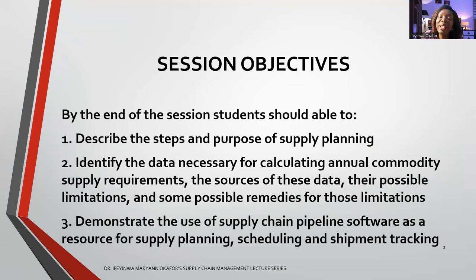You should be able to identify the data that are necessary for calculating annual commodity supply requirements, the sources of this data, their possible limitations, and some possible remedies for those limitations. You should also be able to demonstrate the use of supply chain pipeline software as a resource for supply planning and scheduling and shipment tracking.